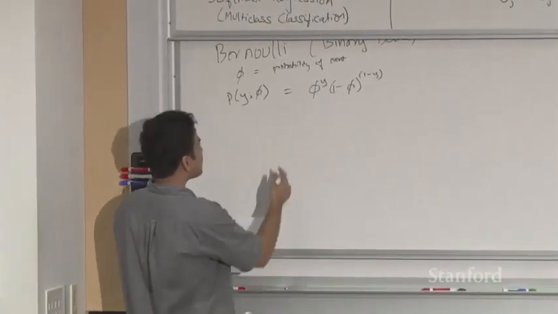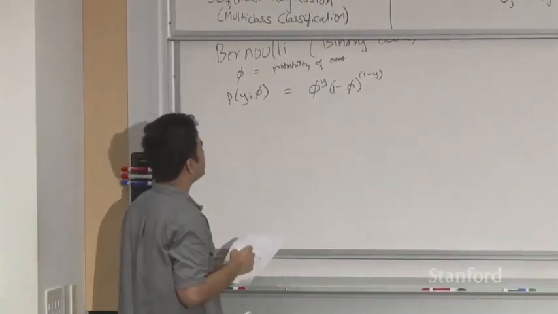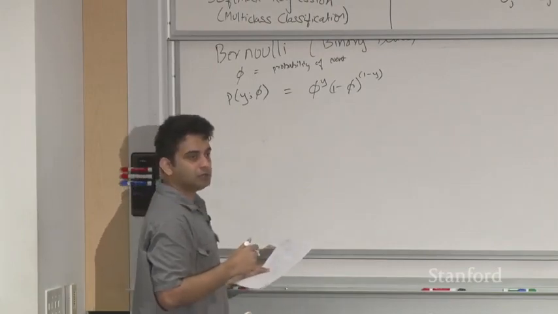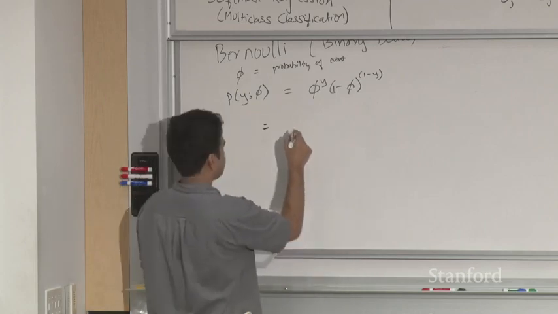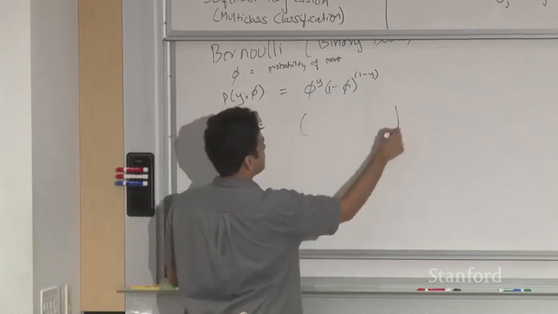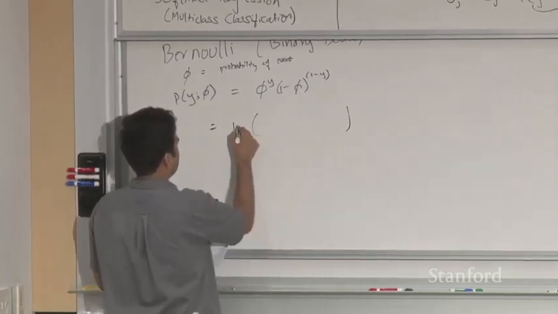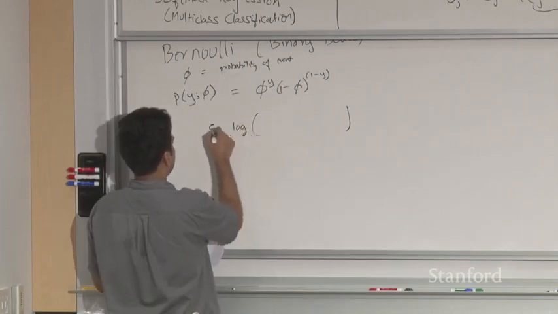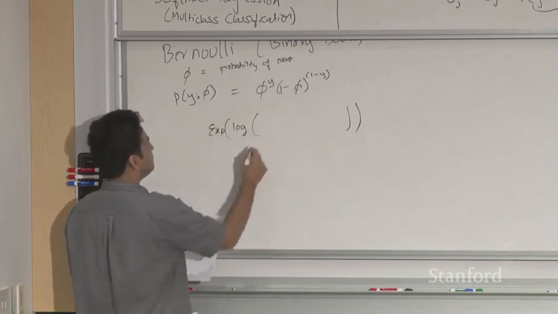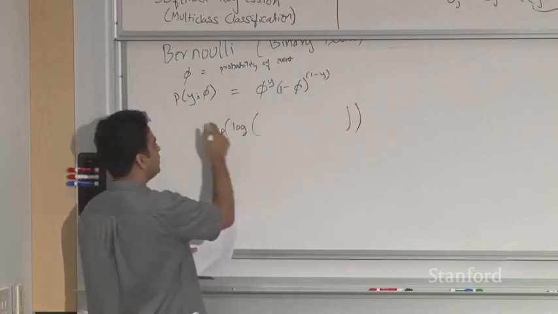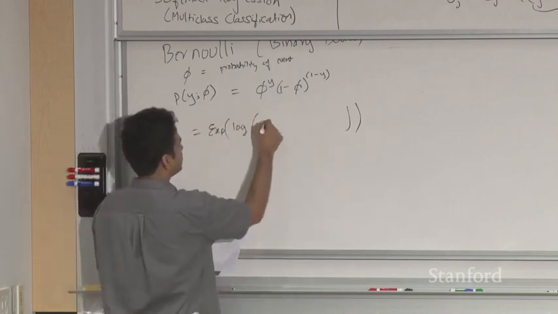Whenever you see a distribution in this form, a common technique is to wrap this with a log and an exp, because these two cancel out, so this is exactly equal to this.